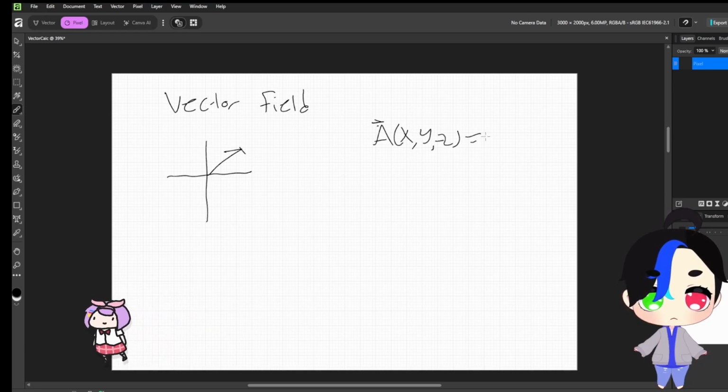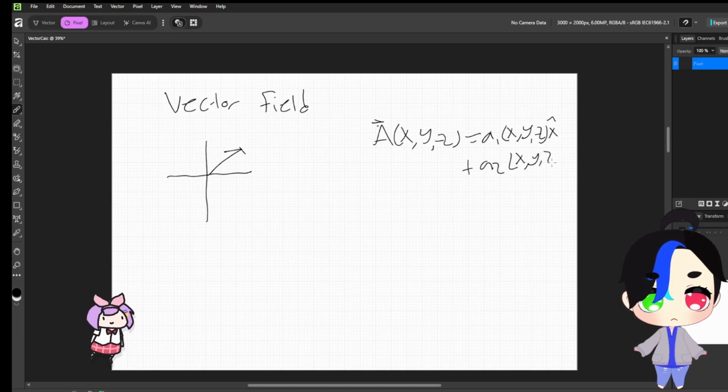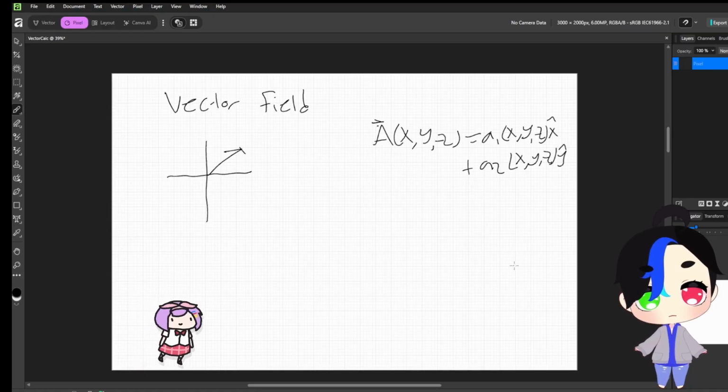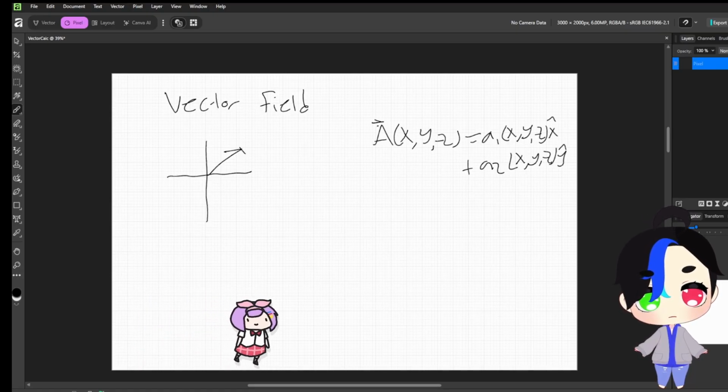That means that each component, so A1, becomes a function of x, y, and z. A2 is also a function, and so on. And so what this looks like, and actually, this is what I was prepping.